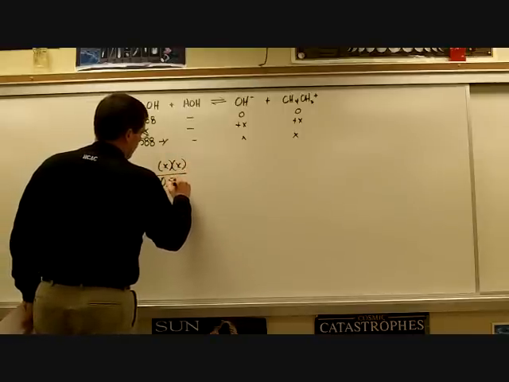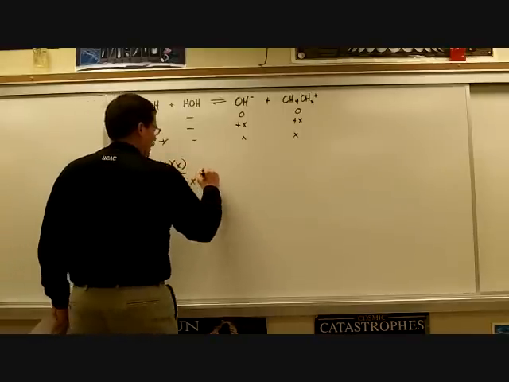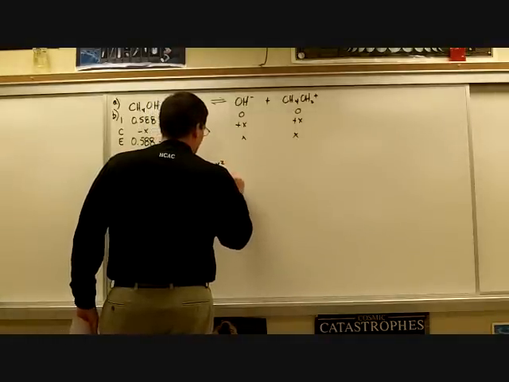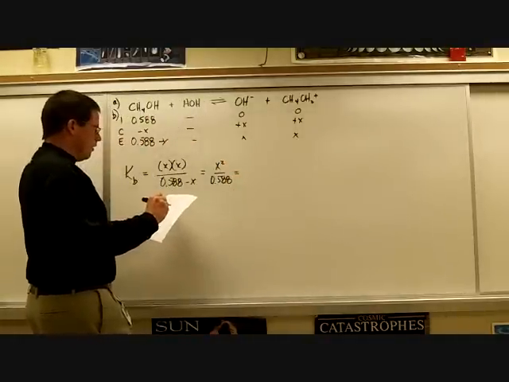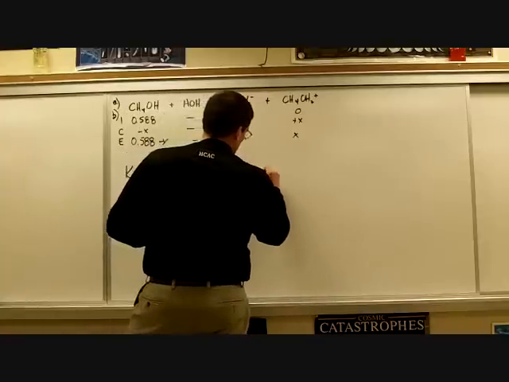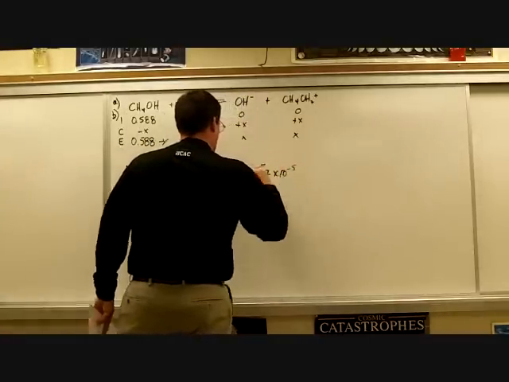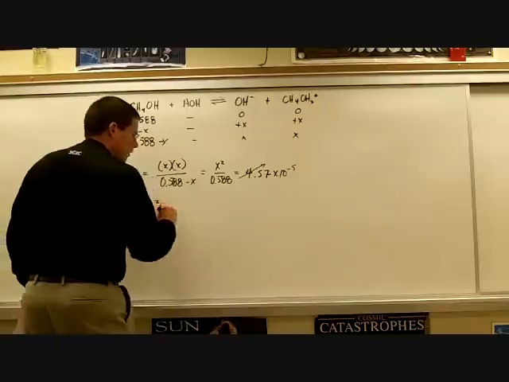And did you guys want to use the 5% rule? Yeah. I love asking that question. And it's 4.57, that's given, times 10 to the negative 5. So again, nothing new here, hopefully.